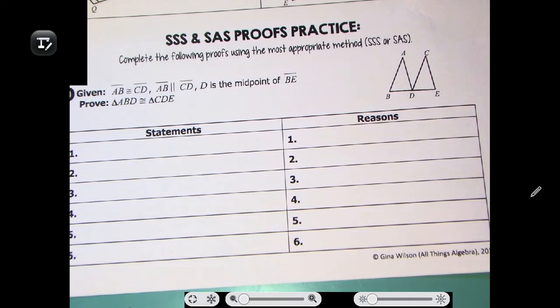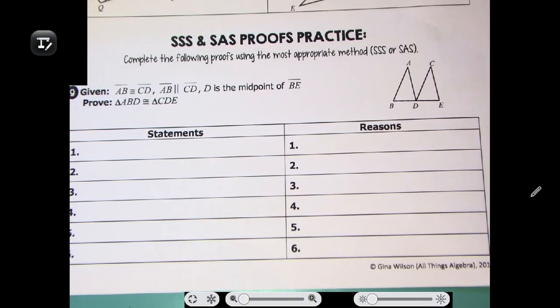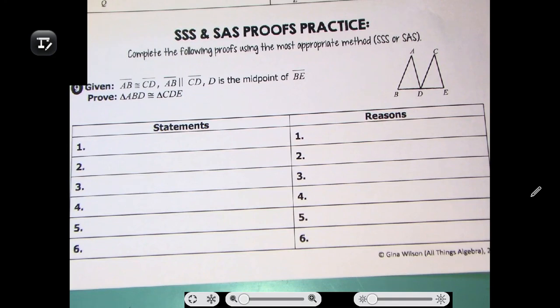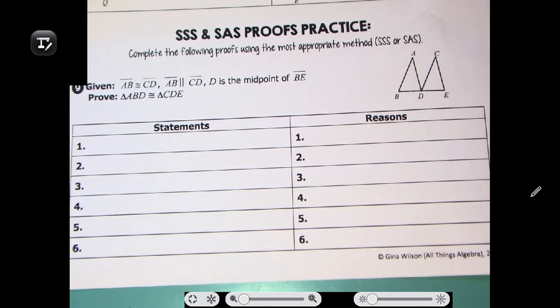This is kind of all on your own, but I want you to just try it out. Look at this problem. What if this was a test question? Could you come up with something to write in these statements or reasons? I imagine that you can. Maybe you can't get it all start to finish, but I want you to go ahead and just try out some of this proof, and then we'll take a look at what the answers would be on here. So just try this using the previous examples. And keep in mind, this is side, side, side, and side, angle, side. So it's going to be up to you to see which one you're really going to be utilizing here.